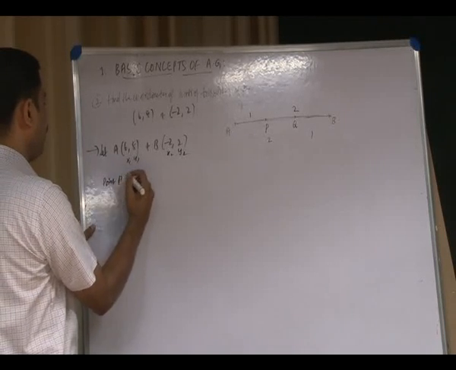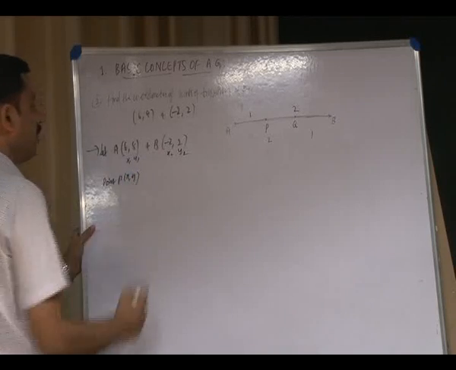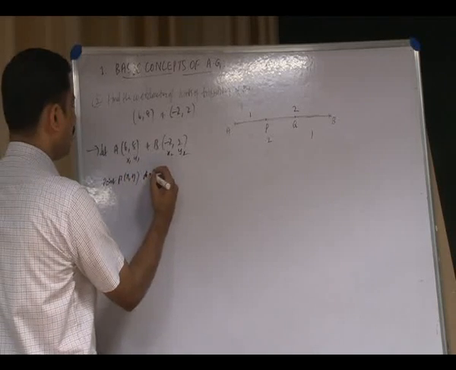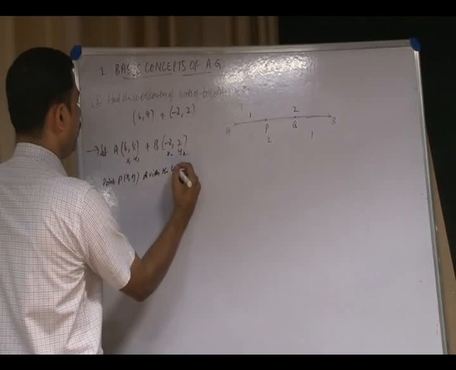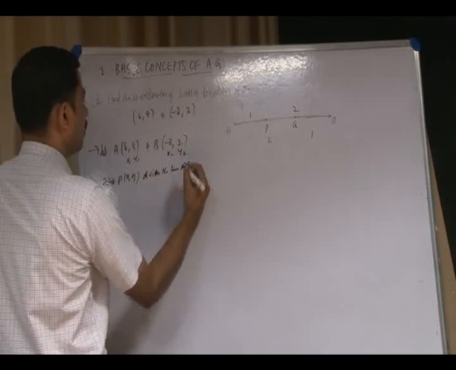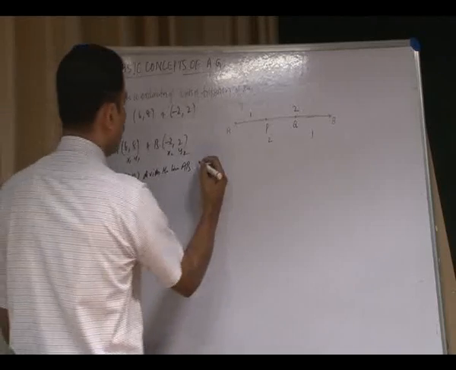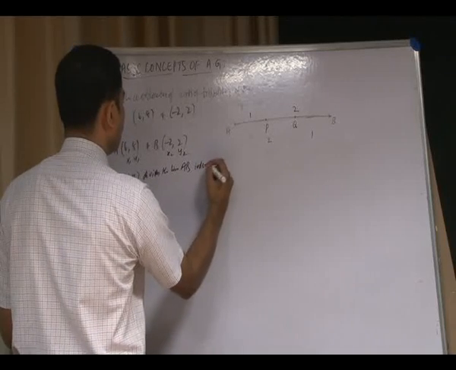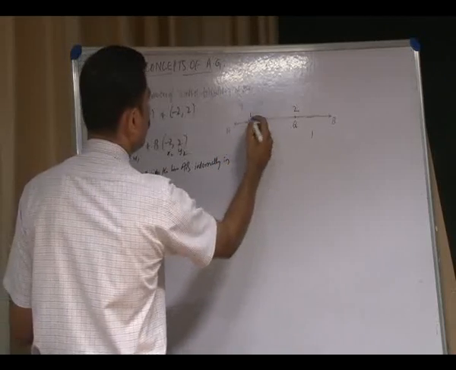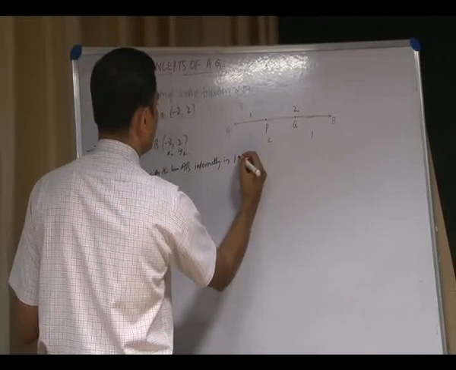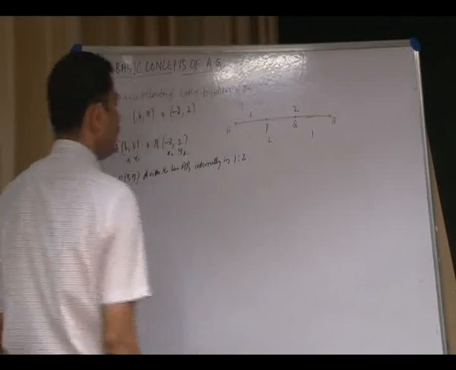Point P(x, y) divides the line AB internally in the ratio 1:2.